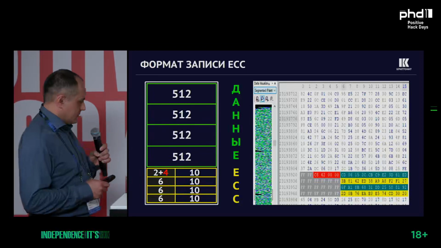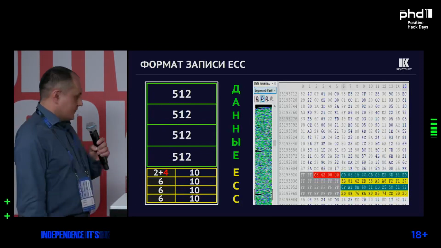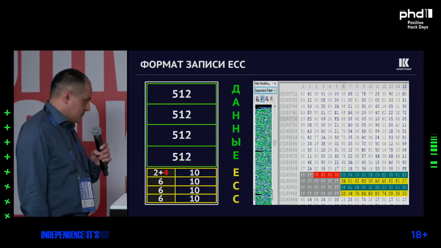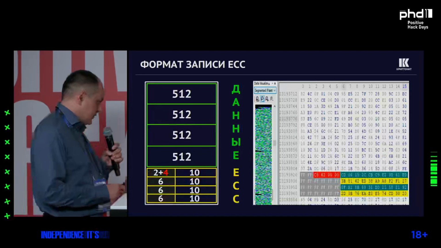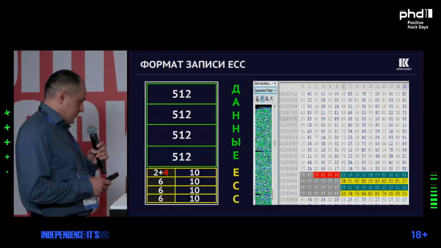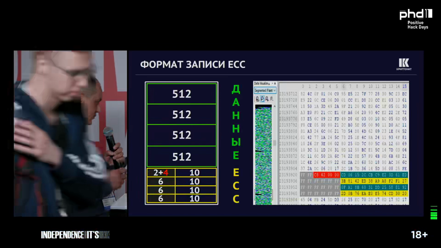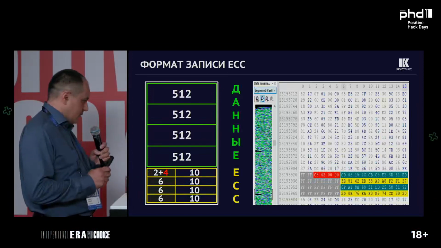Each of them has 4 blocks of 512 bytes. The correction code is calculated and is put into the last page of memory.